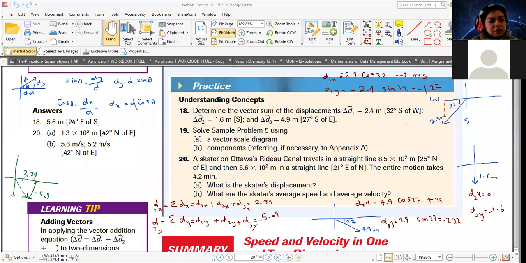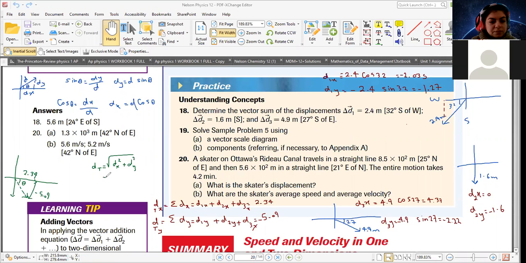Okay, and you need to find this angle, right? To find the actual vector, the hypotenuse of that, you can use the Pythagorean theorem. The total displacement is equal to the displacement in the x direction to the power of 2, plus the displacement in the y direction to the power of 2.